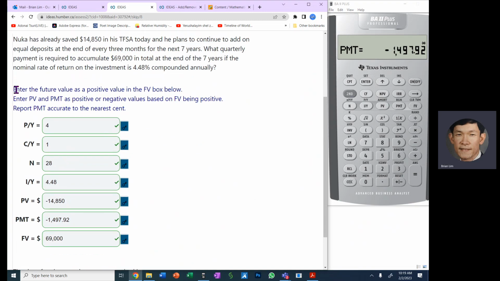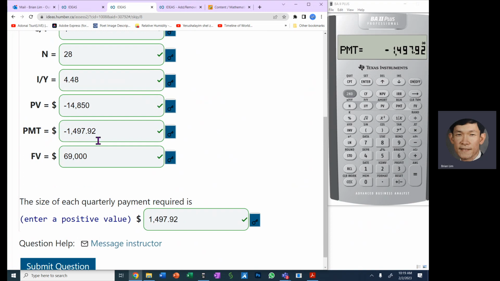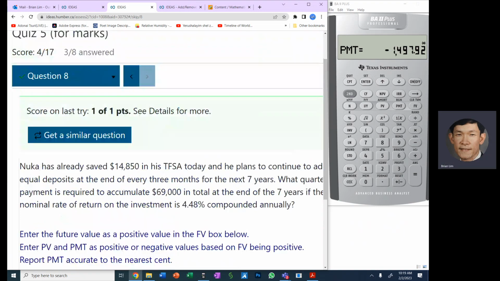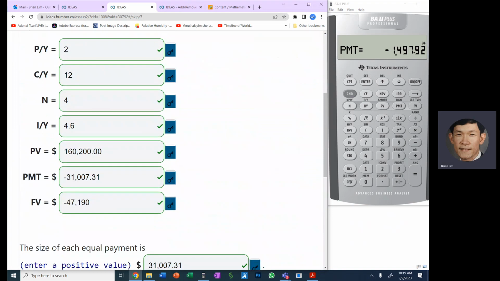So what you saw here, the future value is positive. Previously, the present value was positive. If you look at these carefully, here the future value is positive, so the present value will be negative. If we go back to the previous question, we have the present value positive, so the future value must be negative.